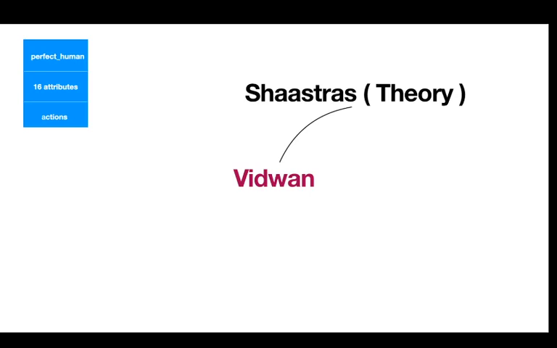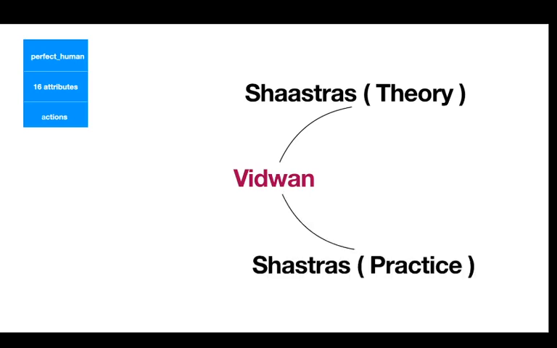That is main Vidyas and Upavidyas. Plus, he should be having knowledge about the Shastras. In general, he should have the theoretical knowledge and he should also know how and when to practice it. It is very important not only to know but also to know how and where to use it. That judgmental aspect is what is called Vidwan.